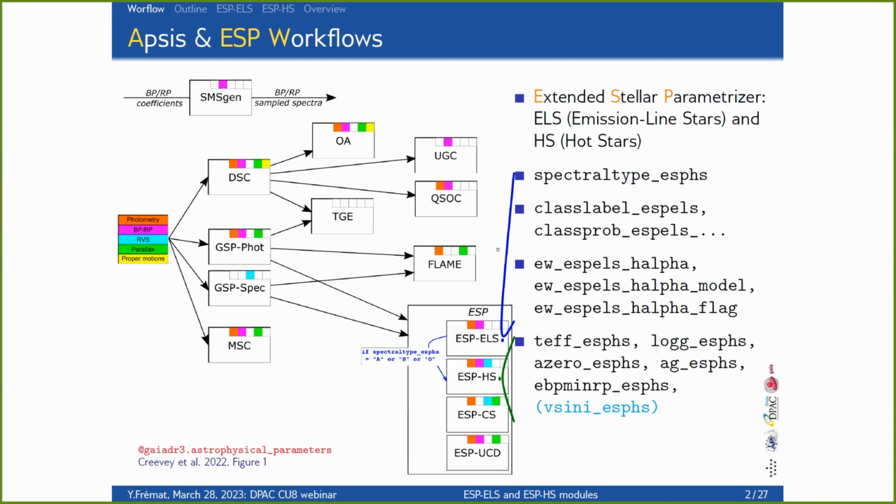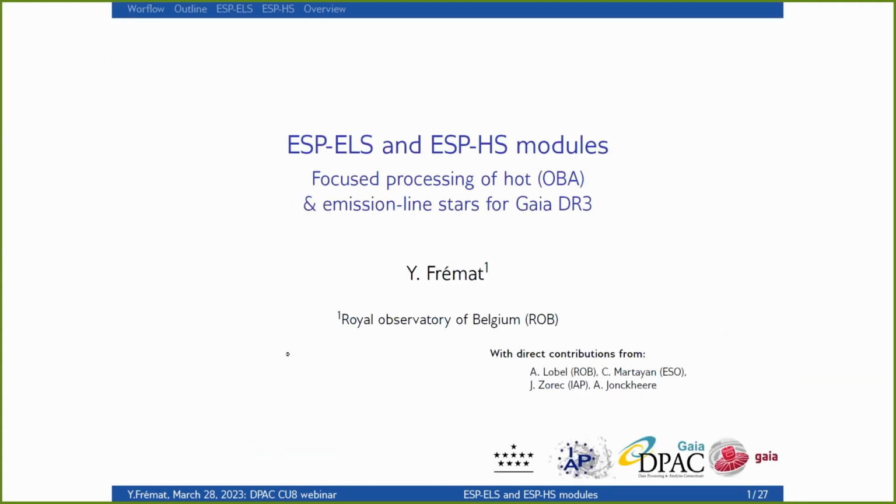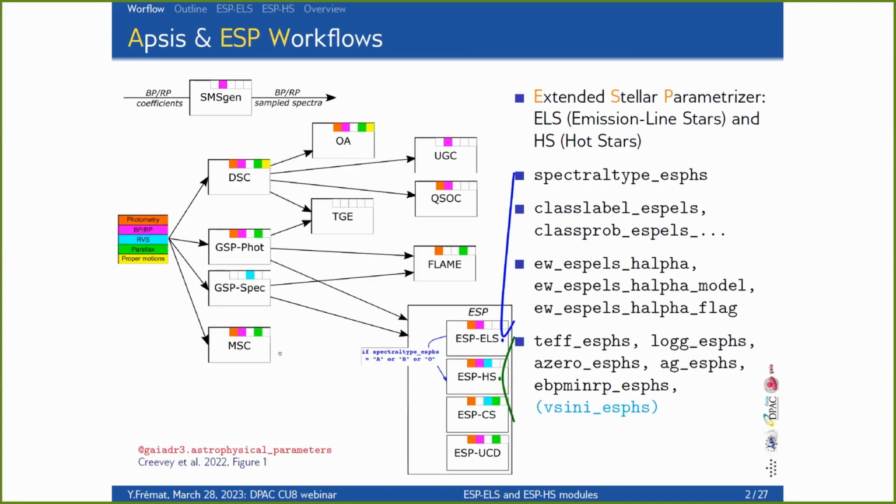Here on the right, I listed the output provided by these two complementary modules. These results are saved in the main astrophysical parameters table, and are mainly relative to the emission line stars. It first provides a spectral type tag.